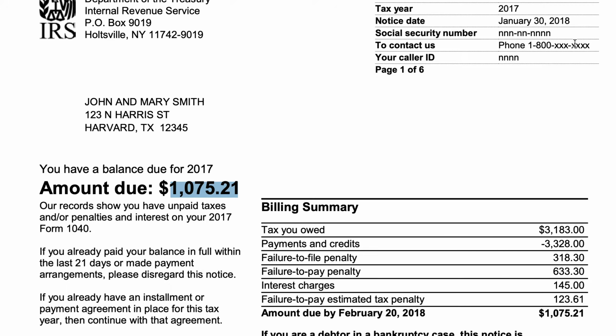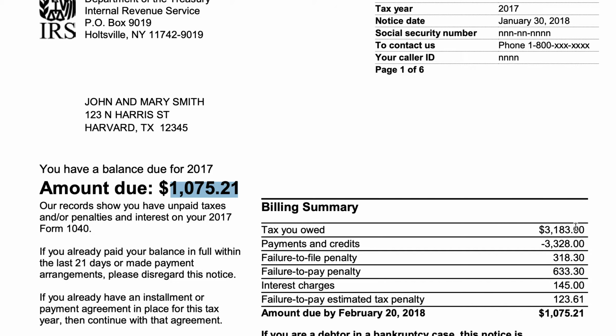Obviously this is a fictional example, because the taxes due for a 2017 tax return would have been paid along the way, but your final tax bill for that year would not have been due until the tax filing deadline. So in the billing summary, you should see all the information that you need.